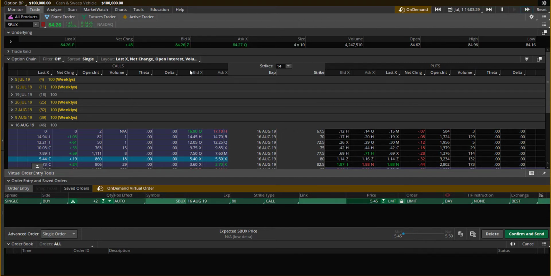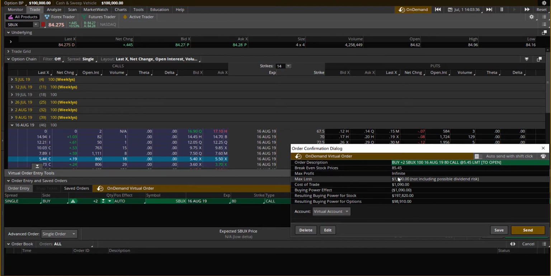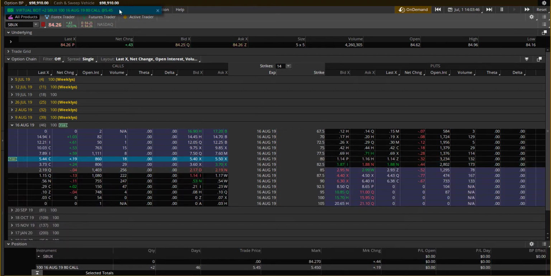So right here we're risking barely over $1,000. So that is your max risk if it goes all the way to 0. In, and we're filled at 5.45.